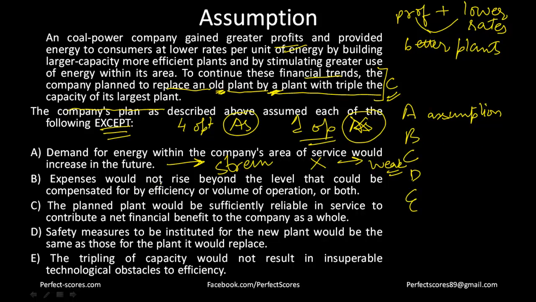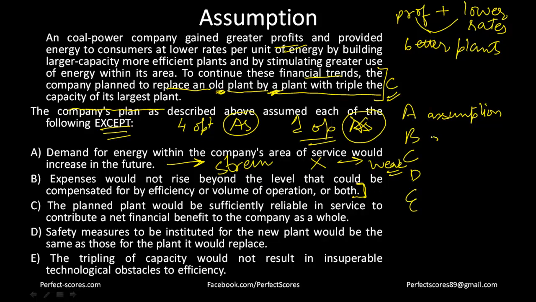B says expenses would not rise beyond the level that could be compensated for by efficiency or volume of operation or both. You can see this is also a basic assumption, because if this is correct, the argument would be strengthened. However, if you take the negation of this option B, it would weaken it.